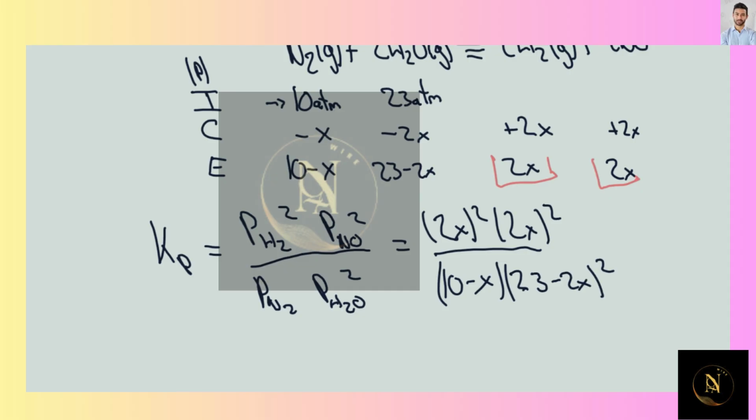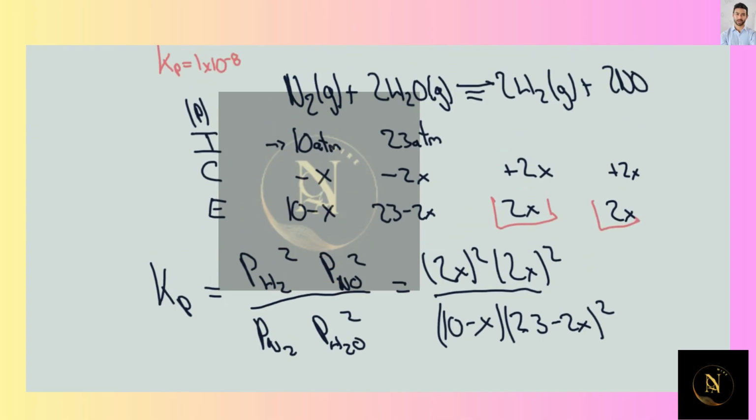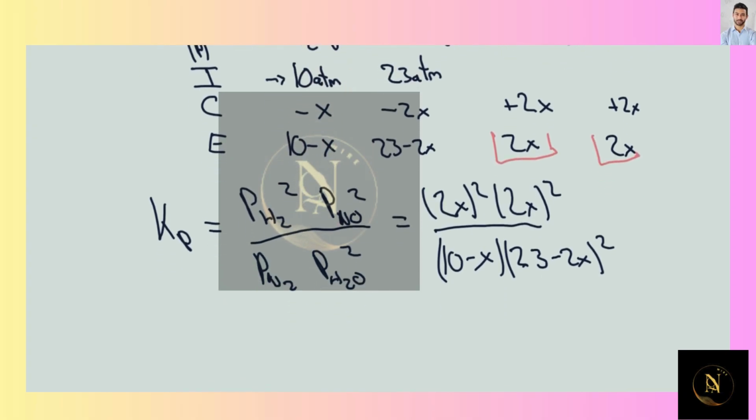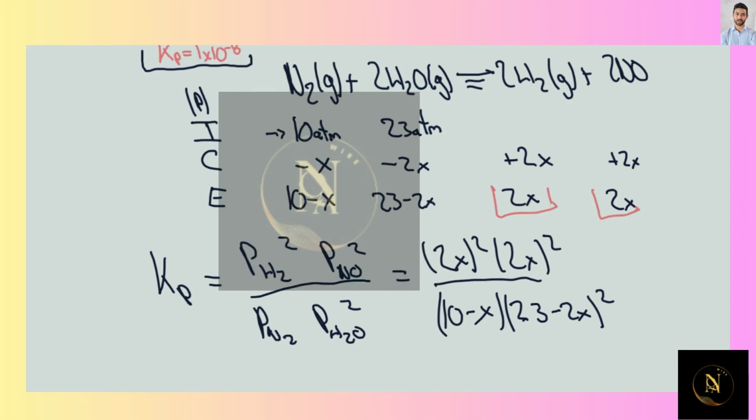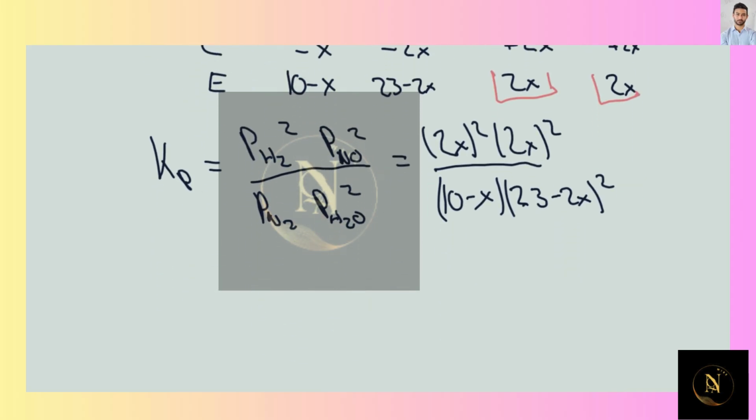So now is going to come our small x approximation. Since we know that the value for Kp is quite small, what that means is that the amount that is going to react is going to be small as well. So the value of x needs to be small. Thus, we can approximate that 10 minus x is approximately equal to 10, and 23 minus 2x can be approximately equal to 23 directly.